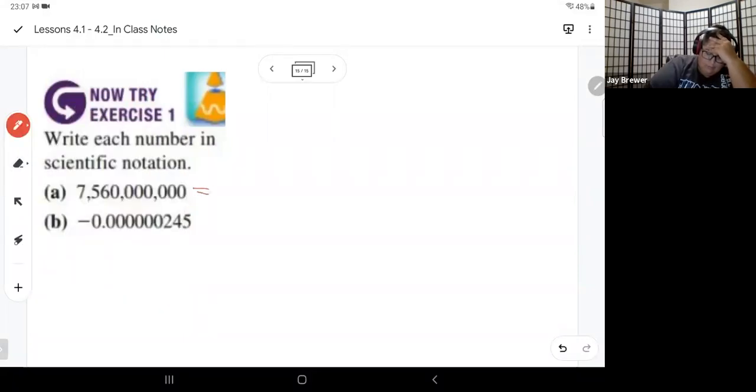All right, we have to move the decimal. 1, 2, 3, 4, 5, 6, 7, 8, 9. So it's going to be 7.56 times 10 to the 9th. All right, we want a big number. It's got to be a positive exponent.